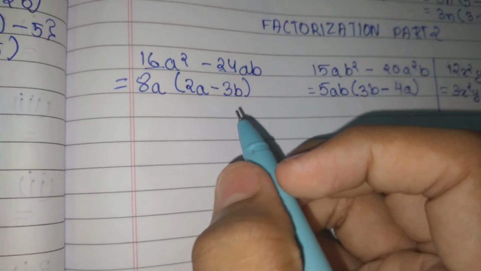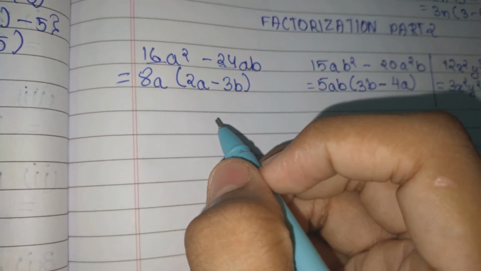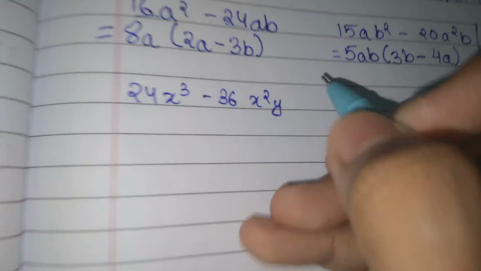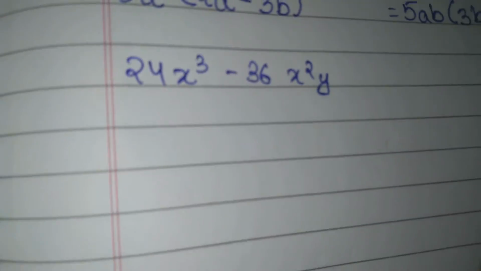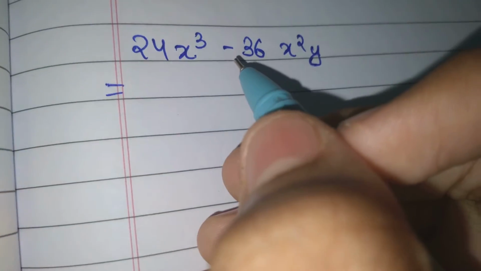One example was 24x cubed minus 36x squared y. So how can we do this? Here let us view it. 24 and 36, the HCF is 12.